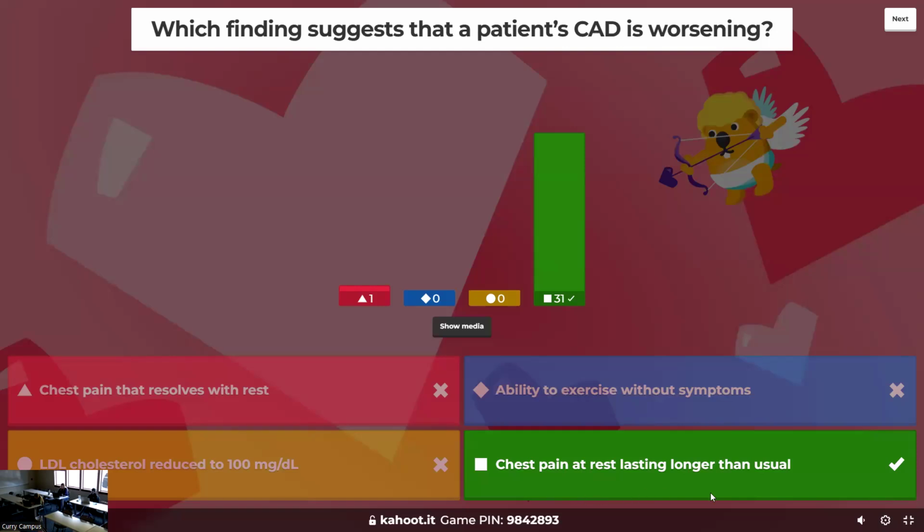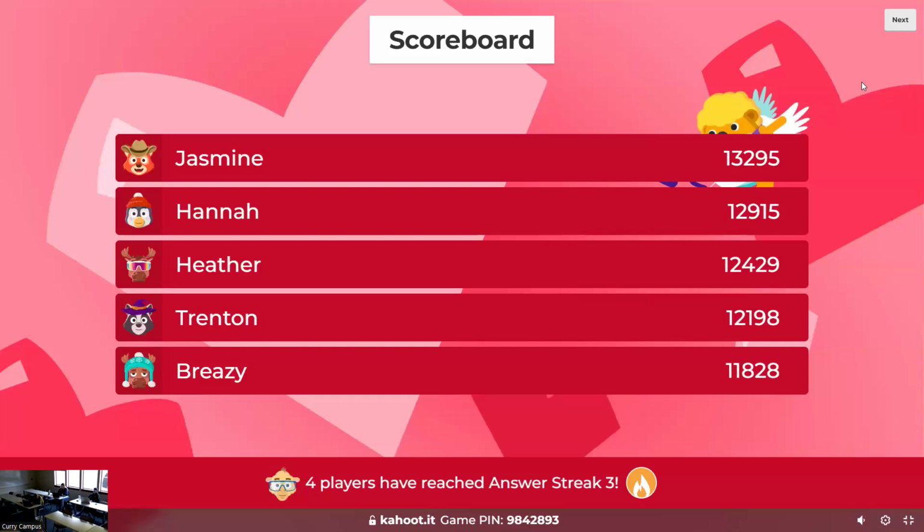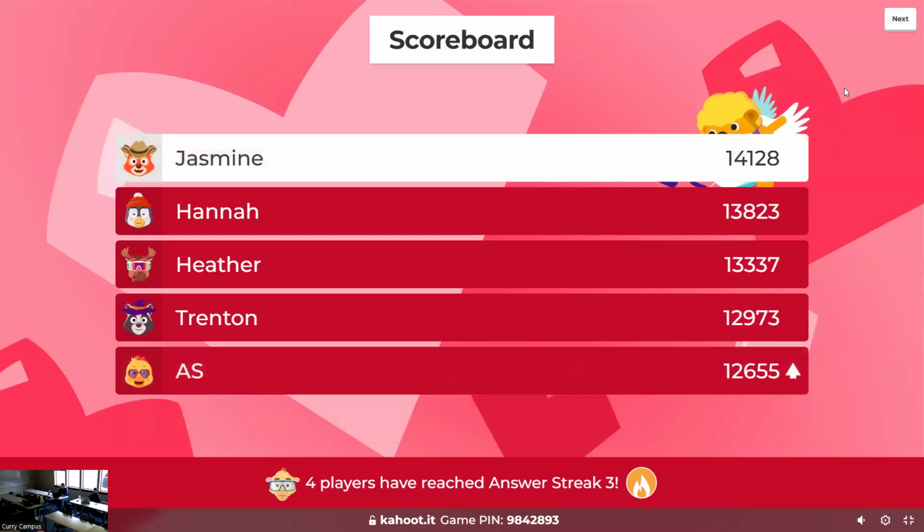Chest pain at rest lasting longer than usual. And remember, chest pain that resolves with rest is stable angina. Okay.